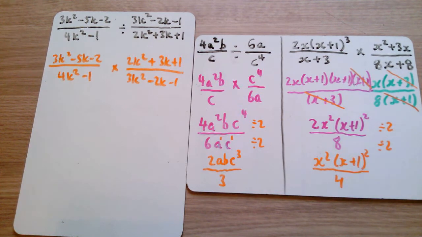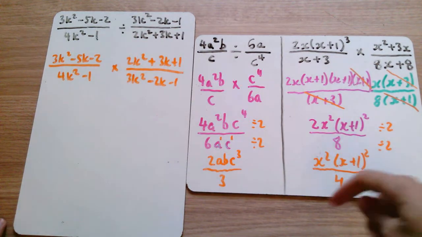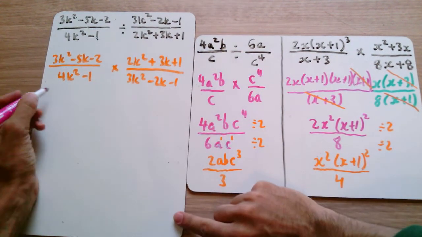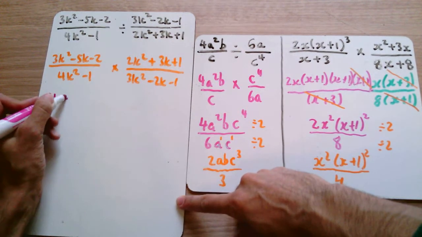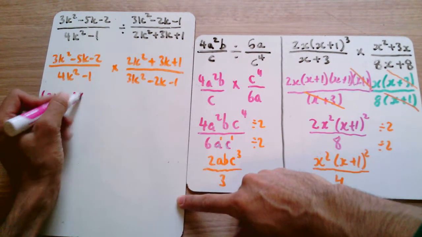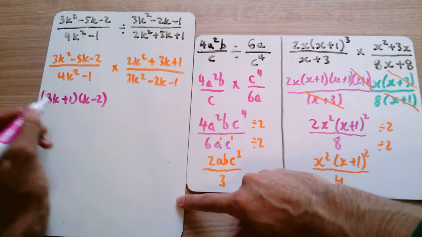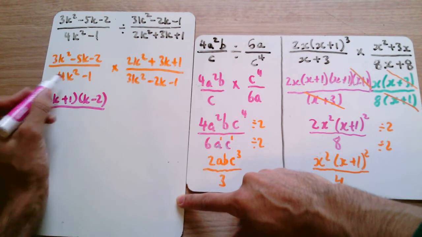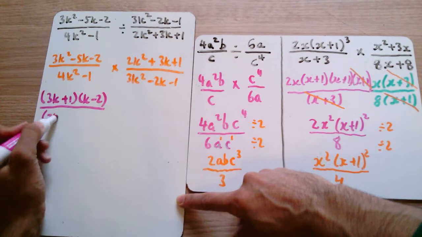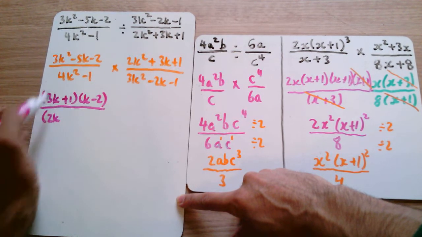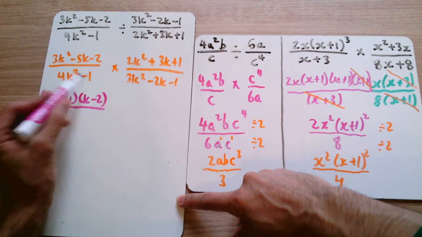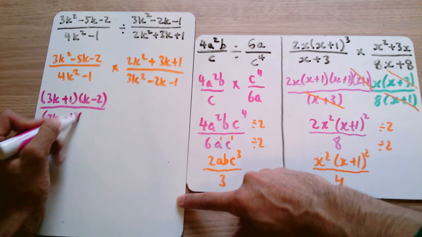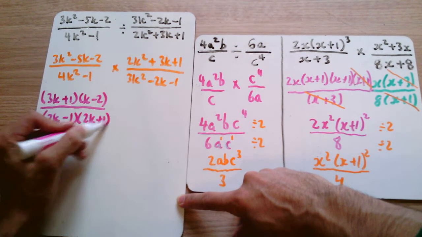Now, the first quadratic, 3k squared minus 5k minus 2, can factorize down to (3k plus 1)(k minus 2). The denominator is actually the difference of two squares. That means that's 2k, because 2k all squared gives us 4k squared, and 1 times 1 is 1, so that's (2k minus 1)(2k plus 1).